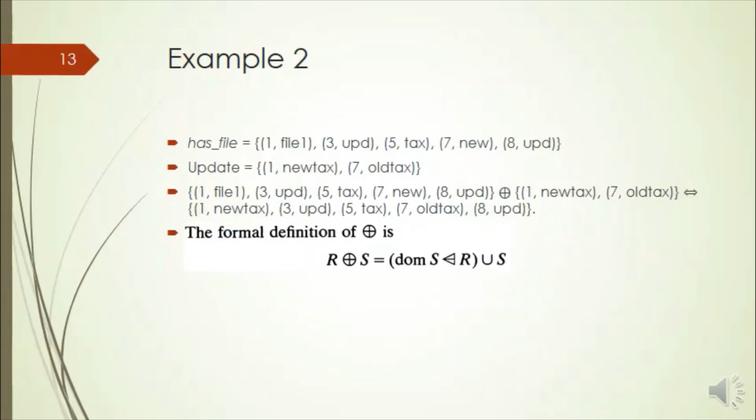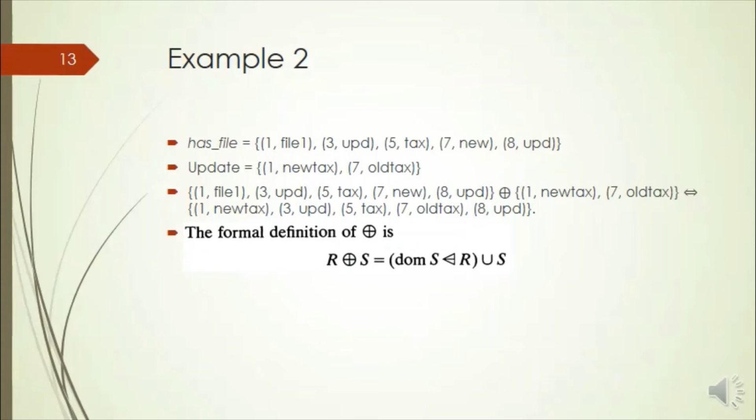Now we have another relation has file, in which user 1 has file 1, user 3 has file update, user 5 has file text, user 7 has file new, and user 8 has file update.